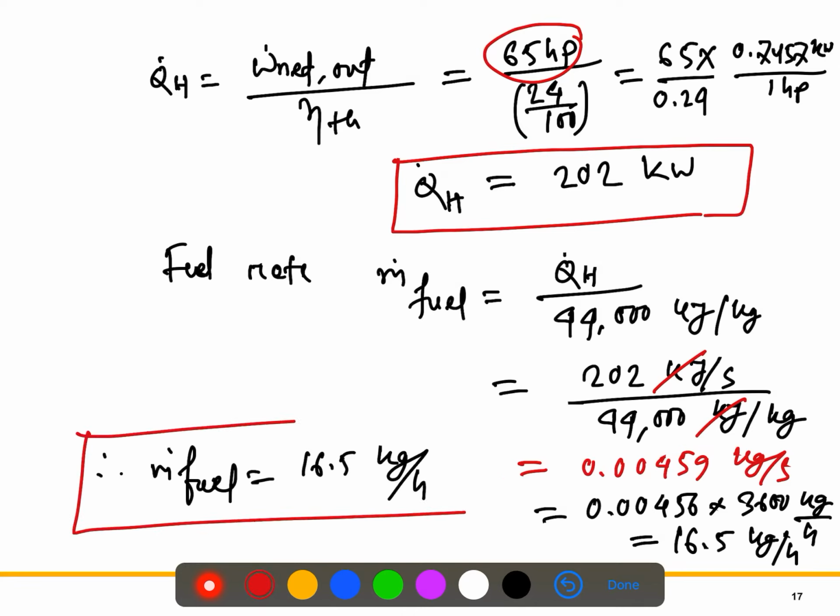So that's the solution of this problem. In the question it was given that 44,000 kilojoule of energy is released for each kg of fuel burned, and here we just calculated the rate. So this is 16.5 kg per hour. So that's it.